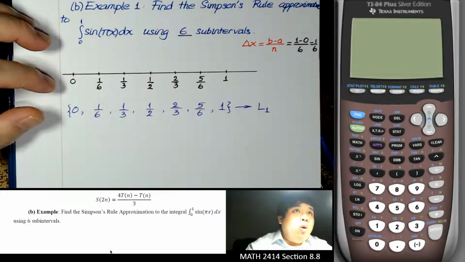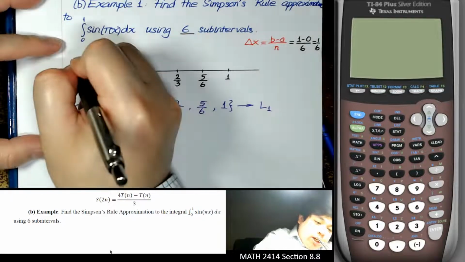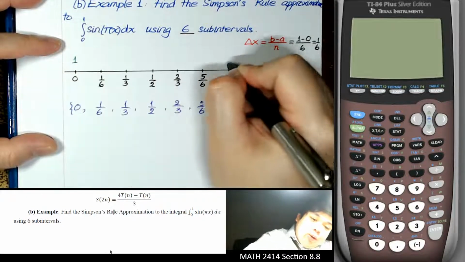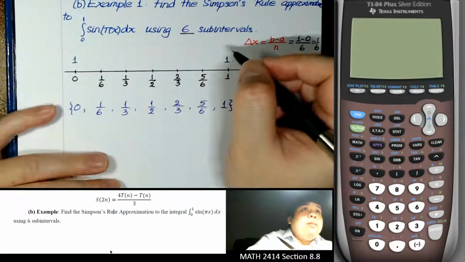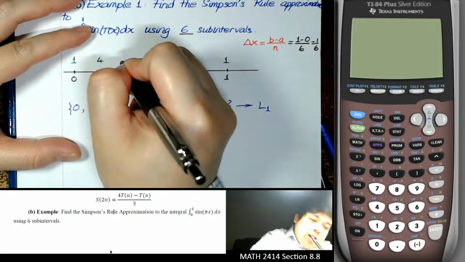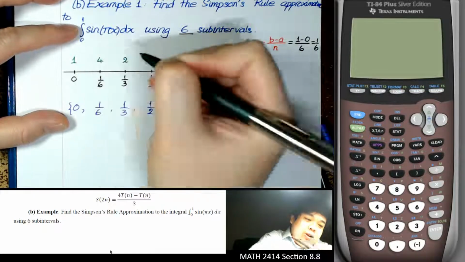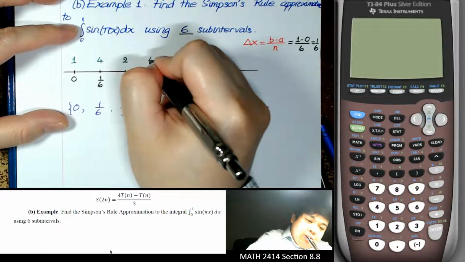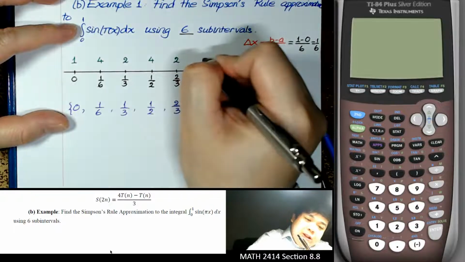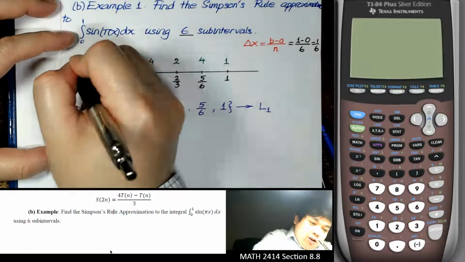Next, the coefficients associated with this. The coefficients for Simpson's rule start with 1 and end with 1. It should be 1, 4, 1, but the middle will overlap, so 1, 4, 2, and then 4, 2, and then 4, 1. So those are the corresponding coefficients.